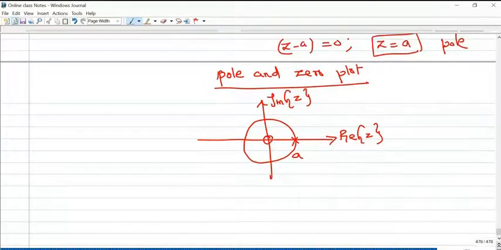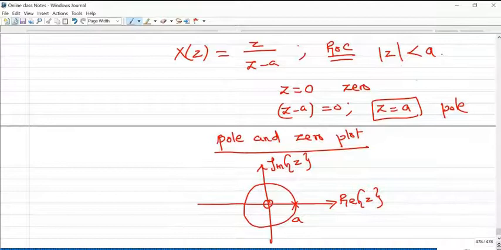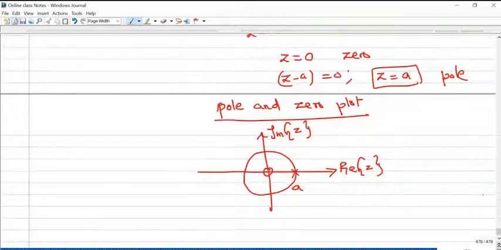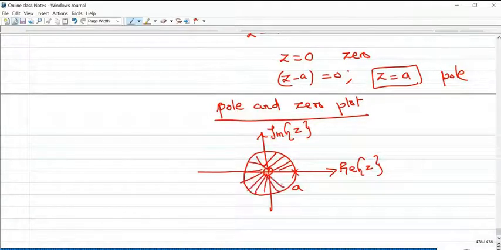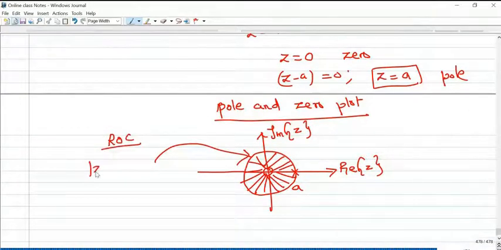Check the region of convergence concept. Modulus Z less than A represents inside the circle. So this is the region of convergence. Modulus Z less than A. Okay, even if it is minus A also, no problem.